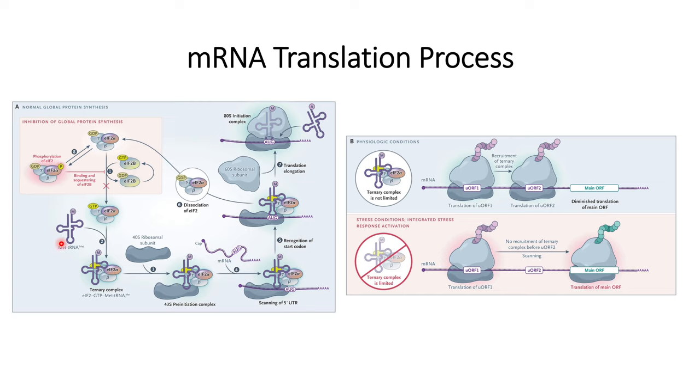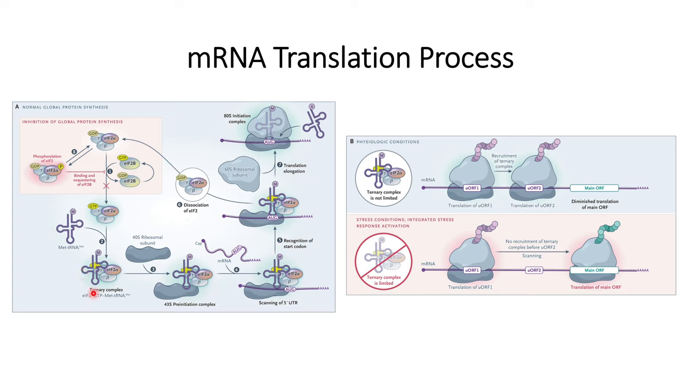At this step 2, the methionine tRNA will bind to the EIF2 alpha subunit. This whole thing together is called the EIF2 alpha subunit. And when it is bound to methionine tRNA, it is called the EIF2 GTP methionine tRNA, or ternary complex.